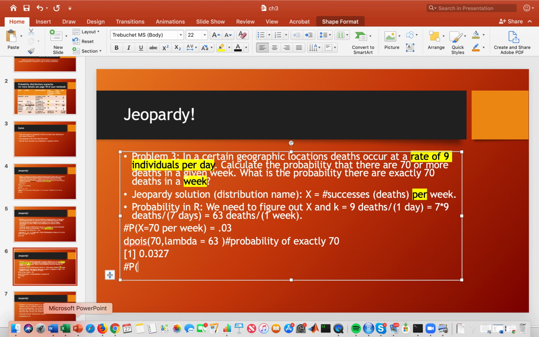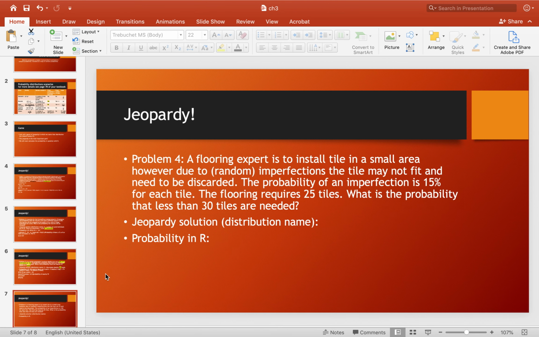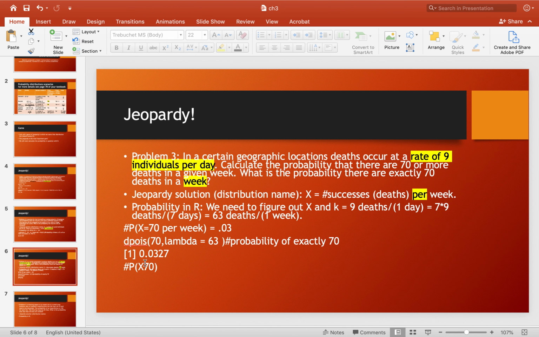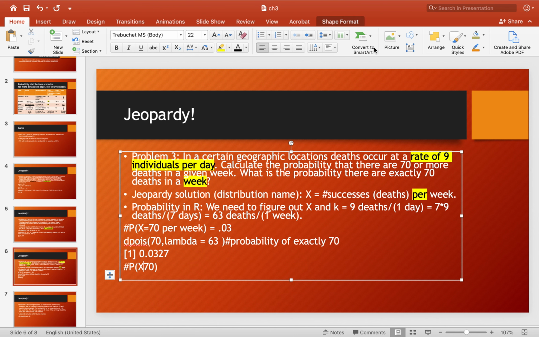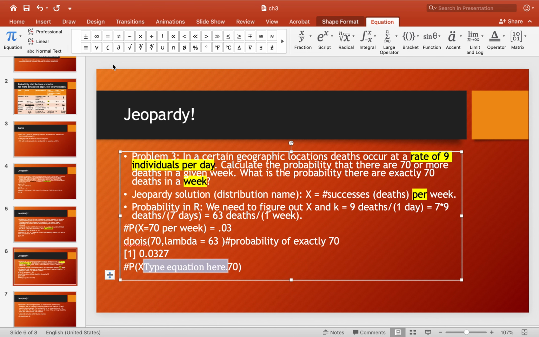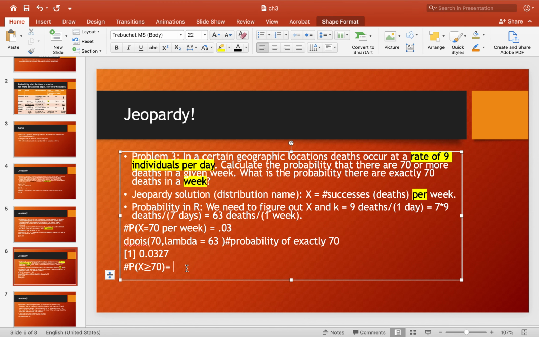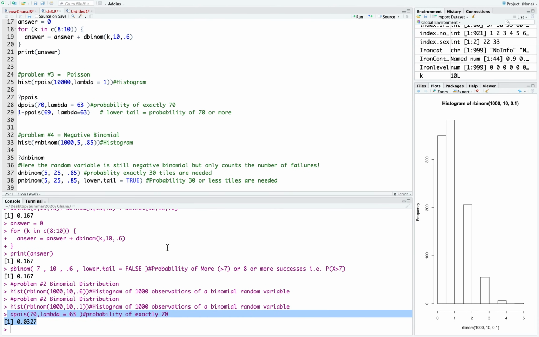Now if I'm asked to calculate the probability X is bigger than or equal to 70, I need the right symbol here, so I'll just steal it. I gotta do the equation insert here. I can calculate this in R, but notice this is the same thing as probability X is bigger than 69 deaths. And what I'm going to do is the complement.